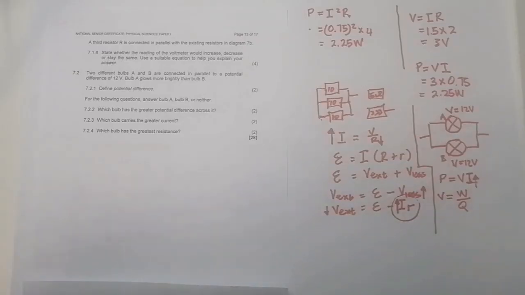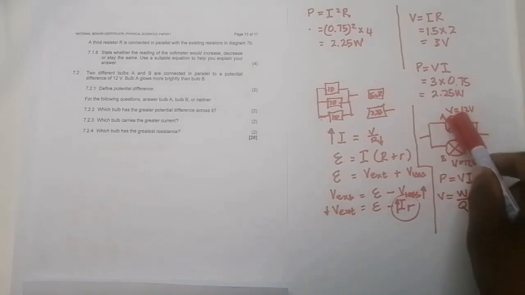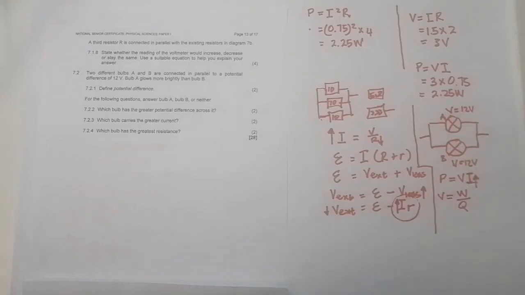All right, they say for the following questions, answer bulb A, bulb B, or neither one. They say which bulb has the greater potential difference across it. Of course, we did say that the potential difference for both of them is exactly the same.